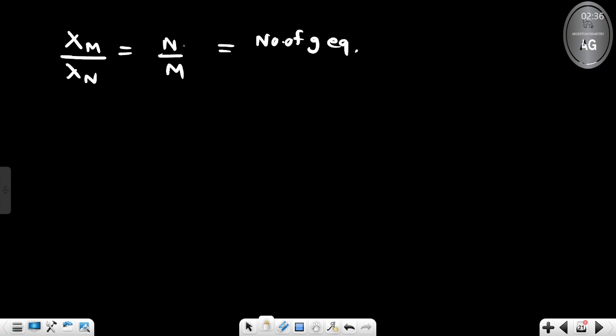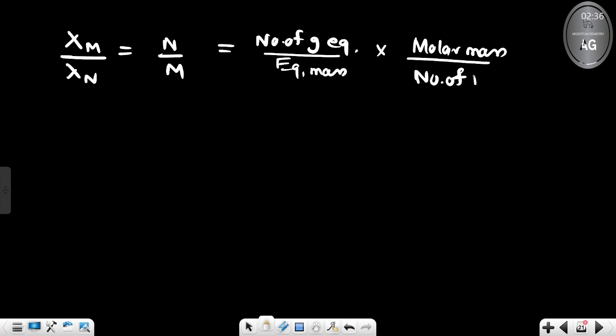Volume will be the same, a definite volume. Volume will also get cancelled out. So number of gram equivalent divided by equivalent mass. And molar mass is molar mass divided by number of moles. Sorry, wrong.